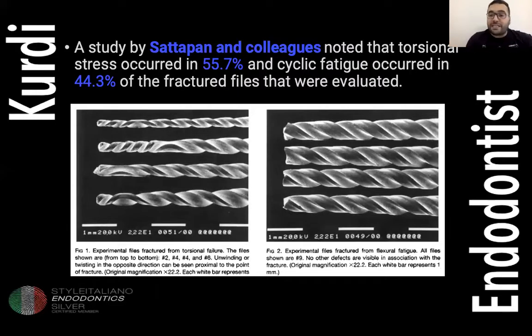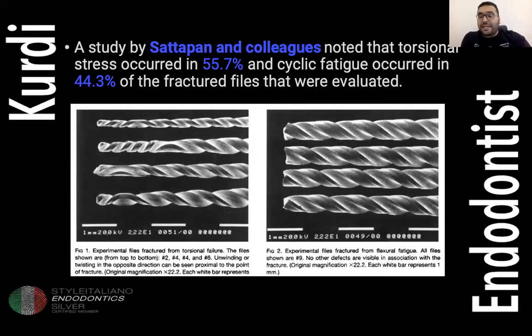Here we have a study by Sataban and his colleagues, and they noted that most of the files are broken in their studies. According to the results of their study, torsional stresses occurred in about 55.7%, and cyclic fatigue occurred in about 44.3%.